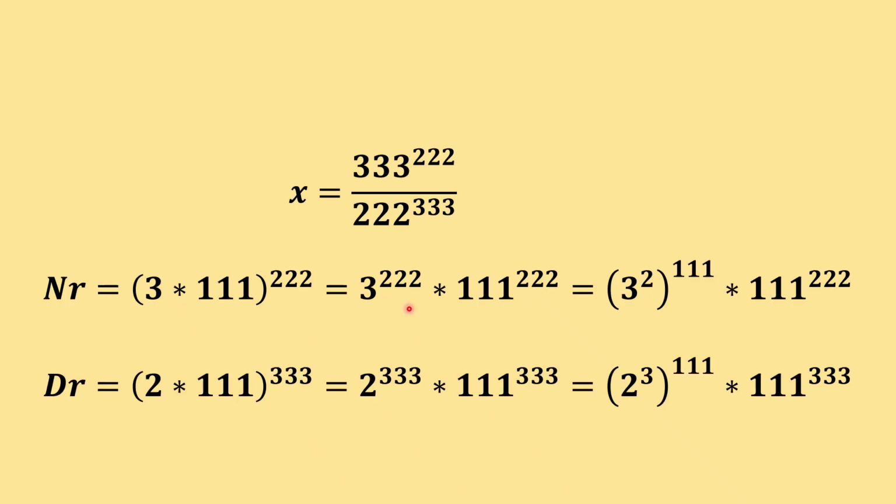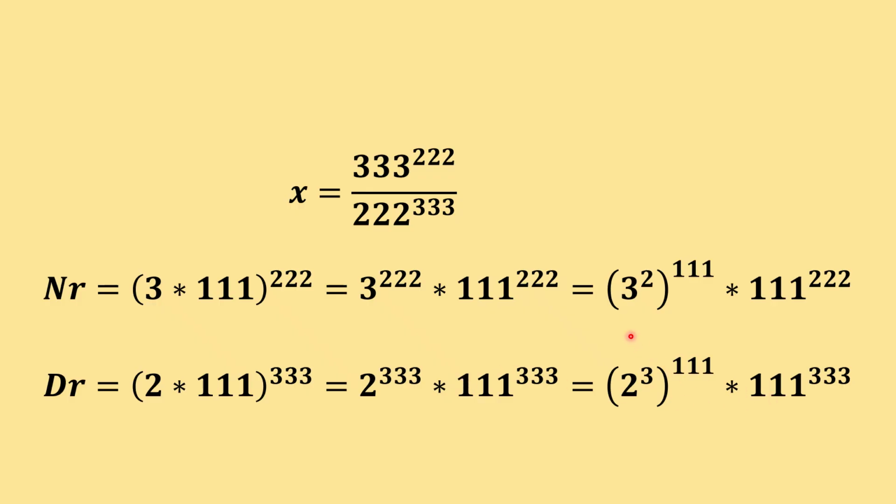Now we take the denominator. 222 can be written as 2 into 111. So (2 into 111) whole power 333 is 2 power 333 into 111 power 333. 2 power 333 is (2 power 3) whole power 111, and 111 power 333 remains as it is.